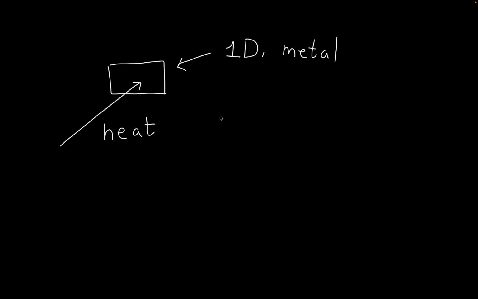If we introduce heat into the system, this metal right here will grow. If you have some original length L naught, it will grow by some length delta L to a new length, just L.